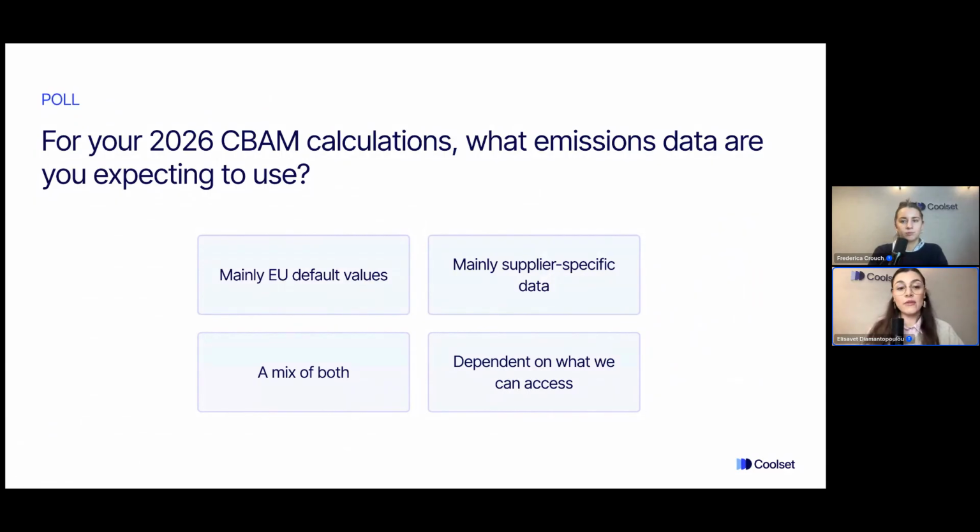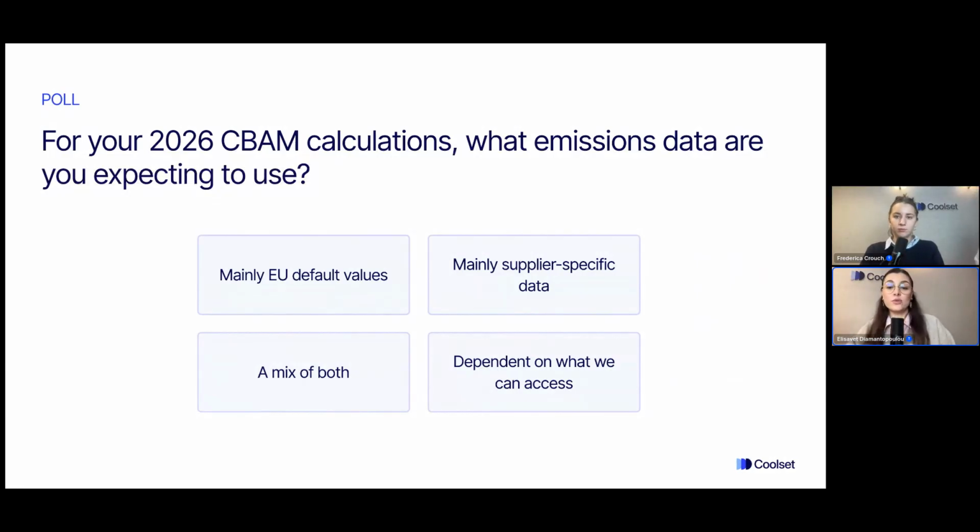For now, the vast majority is still not sure what they're going to use, and they still have to assess, which I guess makes sense. But let me point out that we're already in the definitive phase. So I think that's a decision that you have to make as quickly as possible. And then the second biggest section is going to use a mix of both, which makes sense.